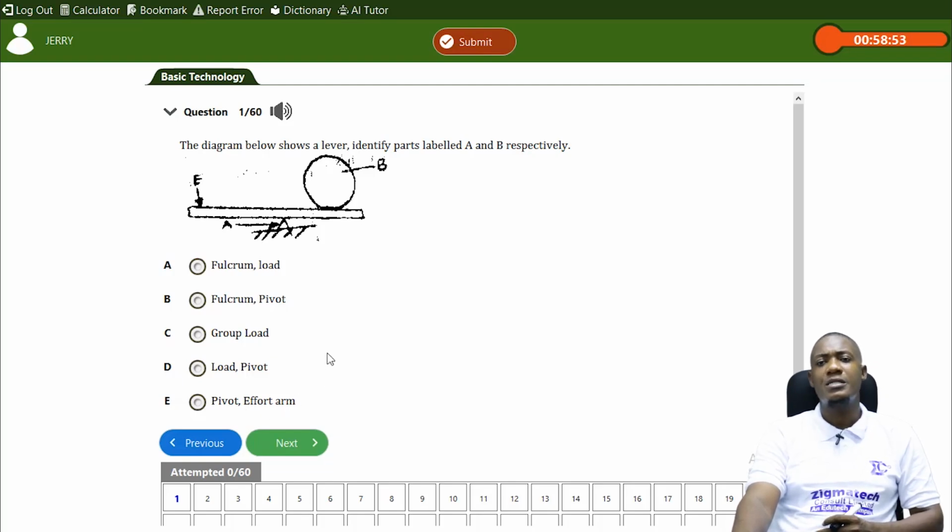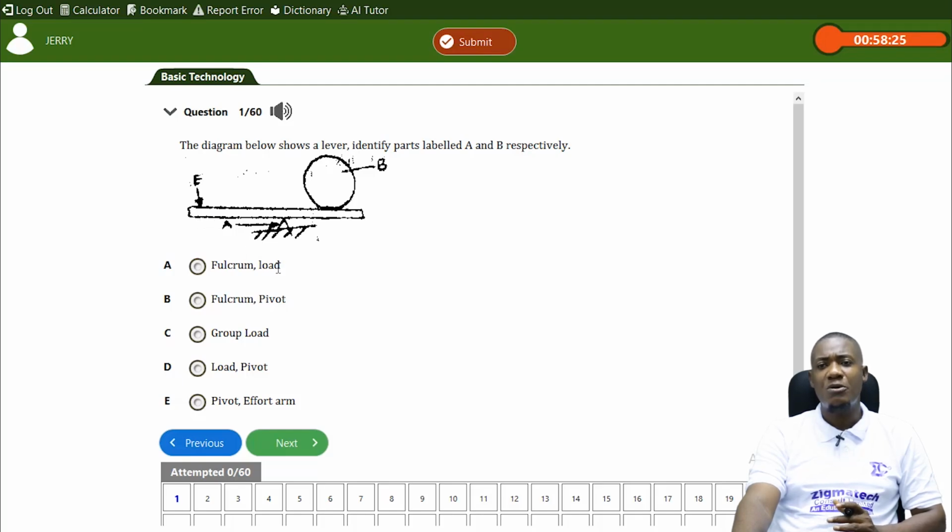Okay, let's answer it. B, of course, you know, is called the load that is on the lever. The point labeled A is the pivot. I explain this in case you are asked some other time.